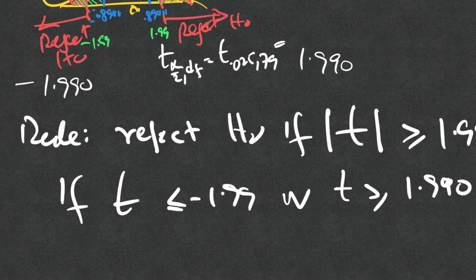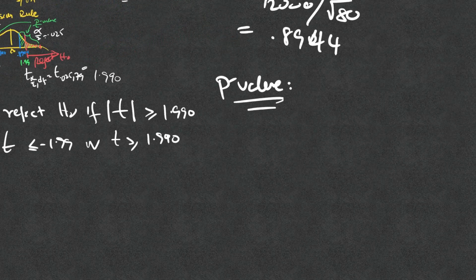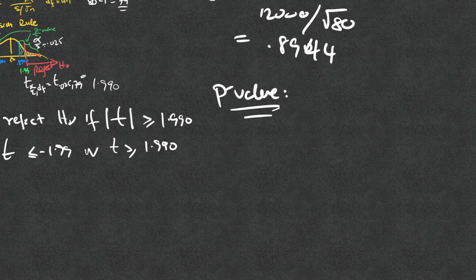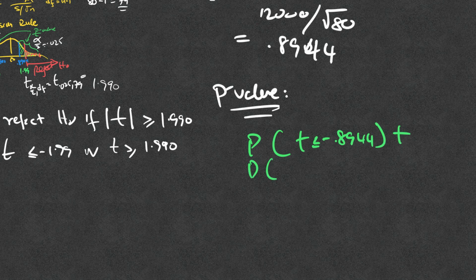Okay, I thought so. So the p-value will be given by the probability that t, because we're talking about a two-tailed test, I could write it out in two parts. So it would be the p, t is less than negative 0.8944 plus p, t greater than or equal to 0.8944.